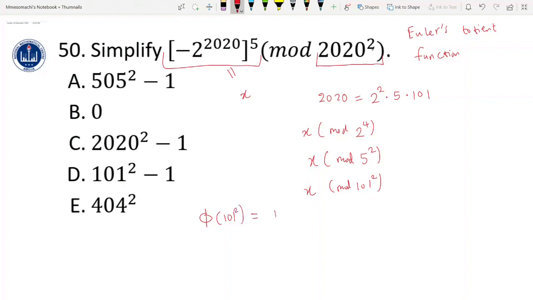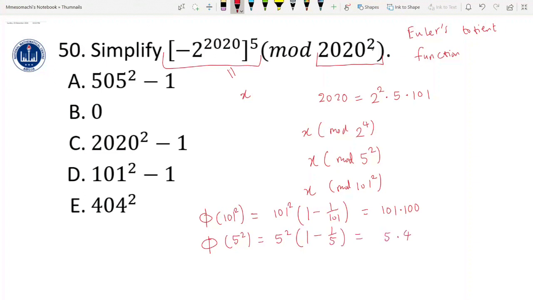This is equal to 101 squared times 1 minus 1 over 101, and quickly we can get this is equal to 101 times 100. And similarly, phi of 5 squared is equal to 5 squared times 1 minus 1 over 5, which is equal to 5 times 4.